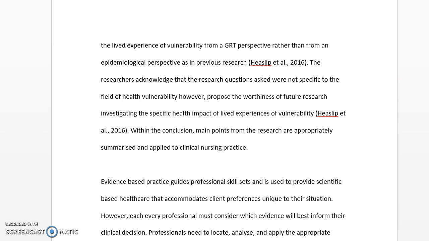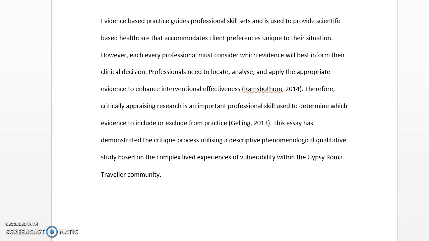The researchers acknowledge that the research questions asked were not specific to the field of health vulnerability, however propose the worthiness of future research investigating the specific health impact of vulnerability. So she's discussing that limitation, and then she's going on and saying they were summarised and applied to clinical nursing practice appropriately, and that's a nice critique there.